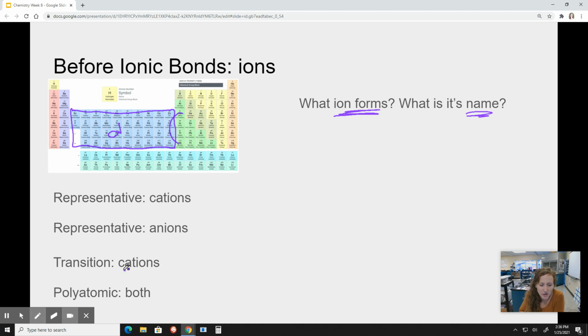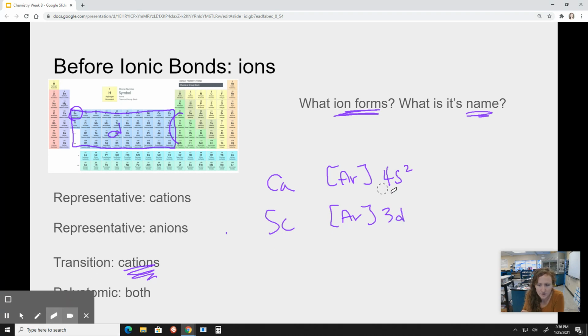So here's what's special about the transition cations. They contain a D shell. If we look at just the first one, scandium, for example, look at calcium, a representative metal, right? The electron configuration is this, versus scandium, a transition metal, with the electron configuration, oops, we can't forget the 4s there, can we?